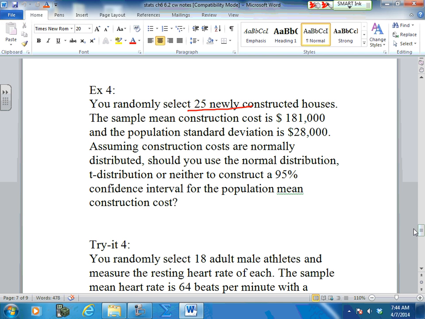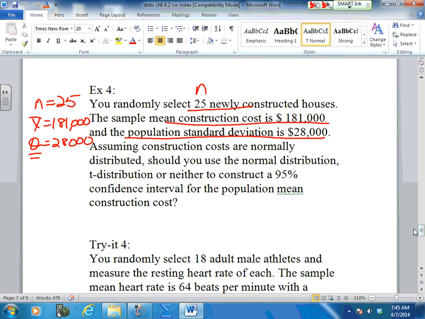This is my sample size. This is my N. Let's pull out all your information first. The sample mean is X bar, good. And the population standard deviation is this.